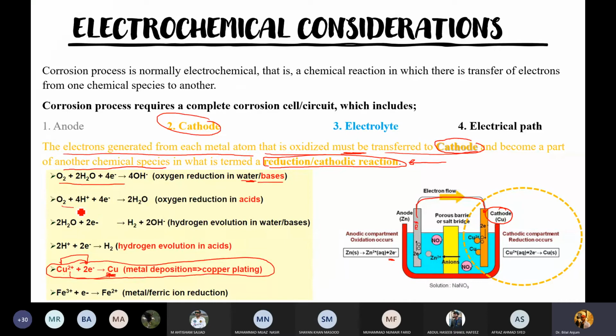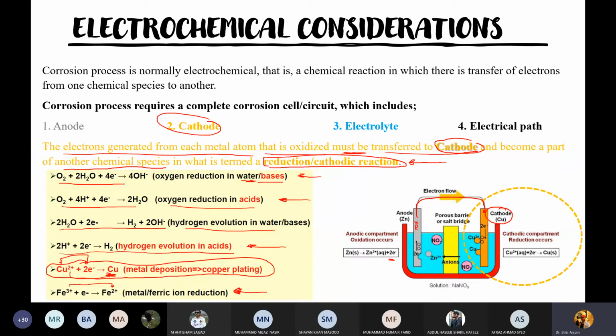Similarly, if oxygen reduction is taking place in an acidic environment, you'll use this reduction reaction. Evolution of hydrogen gas in water and bases, this is the reduction reaction. And hydrogen evolution in an acidic environment, this is the reduction reaction. Similarly, the opposite of the ferrous ion oxidation reaction is Fe3+ converting into Fe2+. This is the ferric ion reduction reaction.